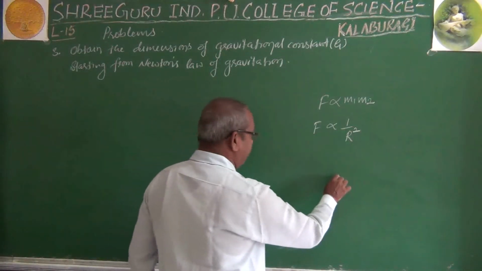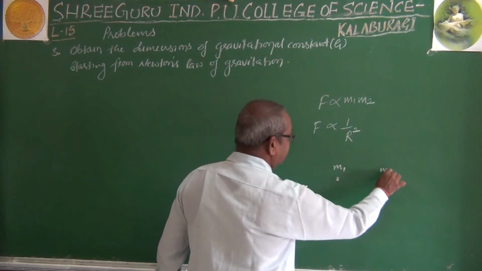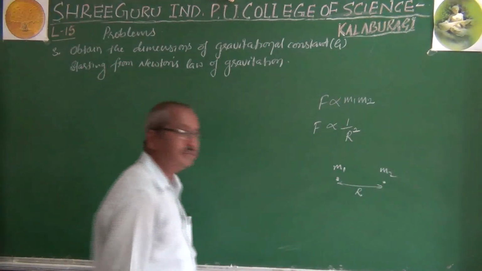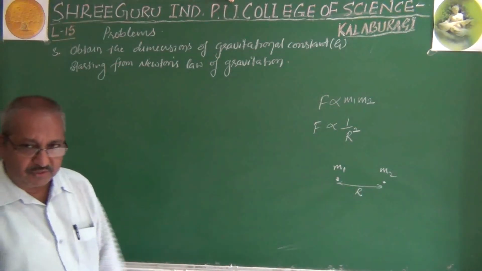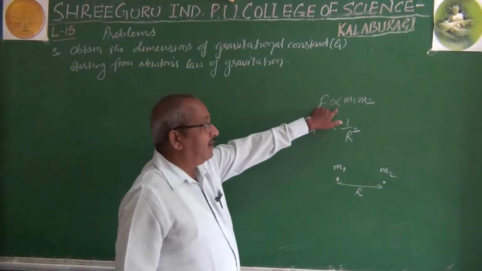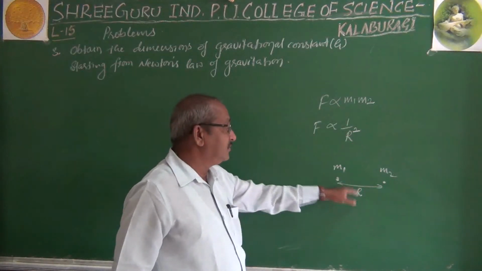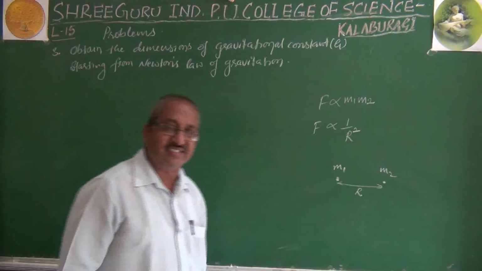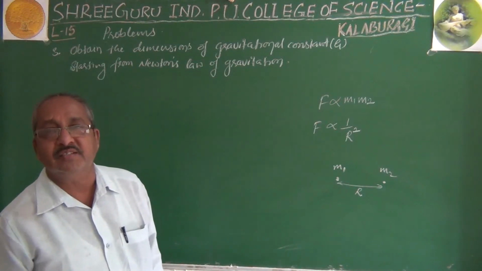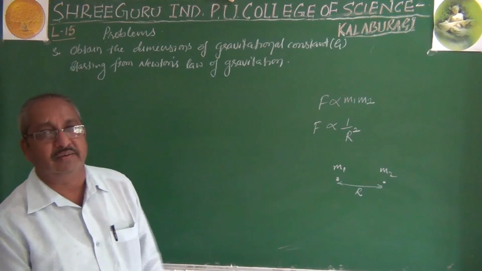Here is body 1 of mass m1, here is another body of mass m2. They are separated by some distance r. Then there is a force of attraction between those two bodies. This statement was given by Newton, known as Newton's universal law of gravitation.